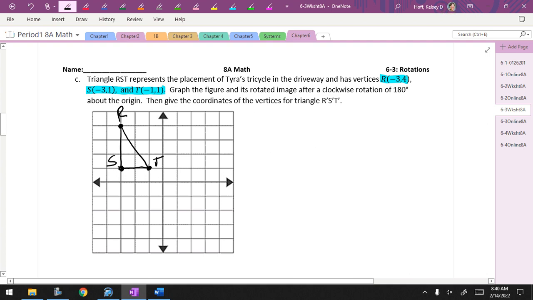Okay, has everybody got it graphed? Check that your triangle looks the same as mine.